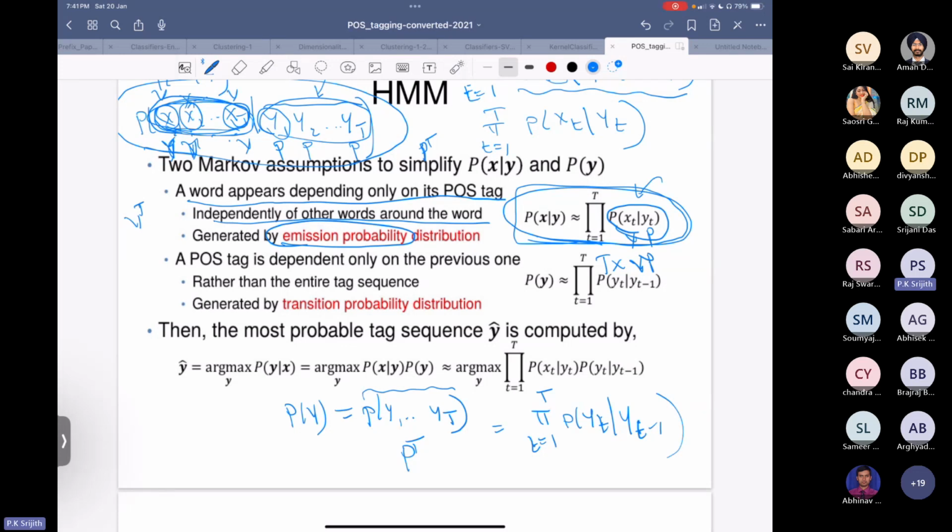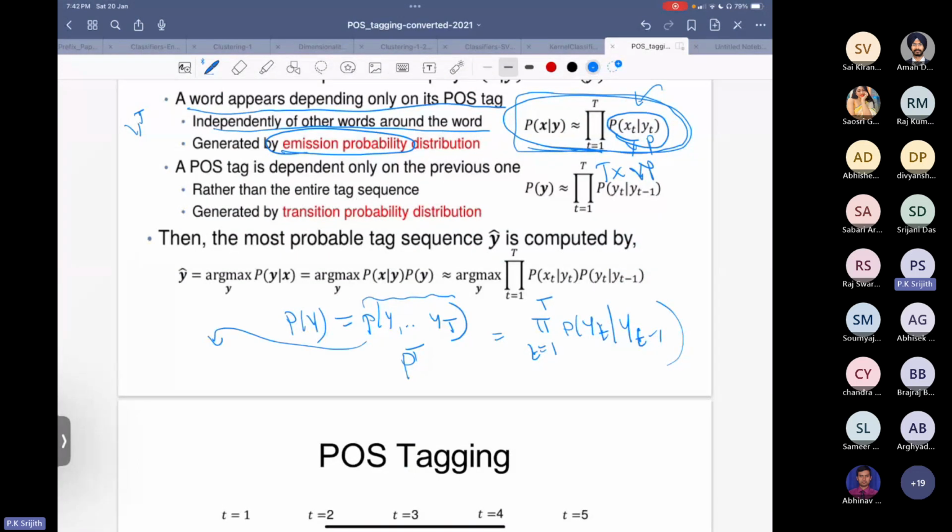So if you simply look at the joint distribution over y1 to yT, ideally you can write it according to the chain rule as p of y1 into p of y2 given y1, p of y3 given y1, y2, p of y4 given y3, y2, y1, etc. But you assume some kind of simplification to this dependency, where you assume that a particular label only depends upon the previous label and not the labels before that.